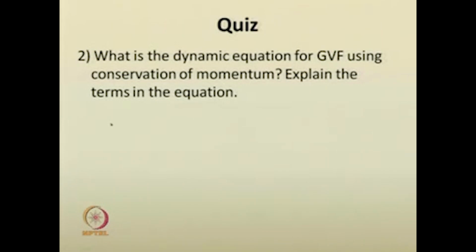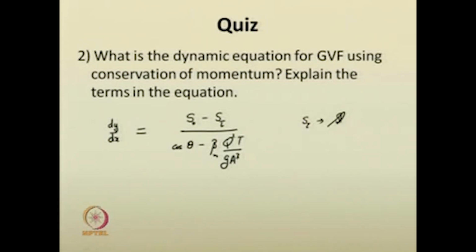The slope of the water surface dy by dx is equal to S0 minus S2 by cos theta minus beta m Q square T by g A cubed. So, dy by dx is the slope of the water surface, S0 is the slope of the bed, S2 is nothing but shear slope.